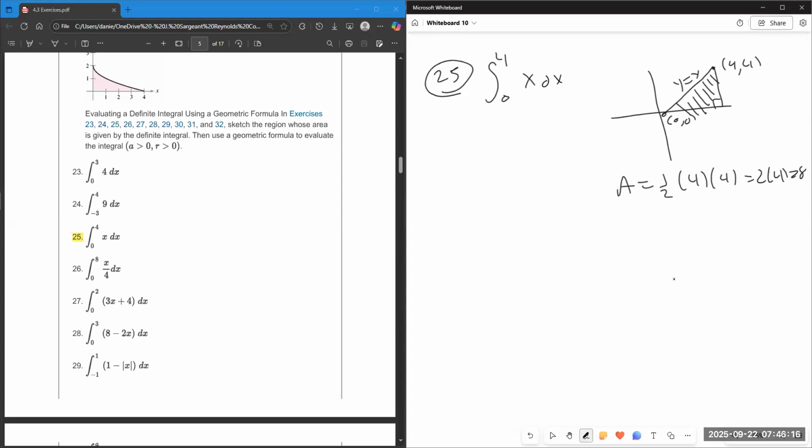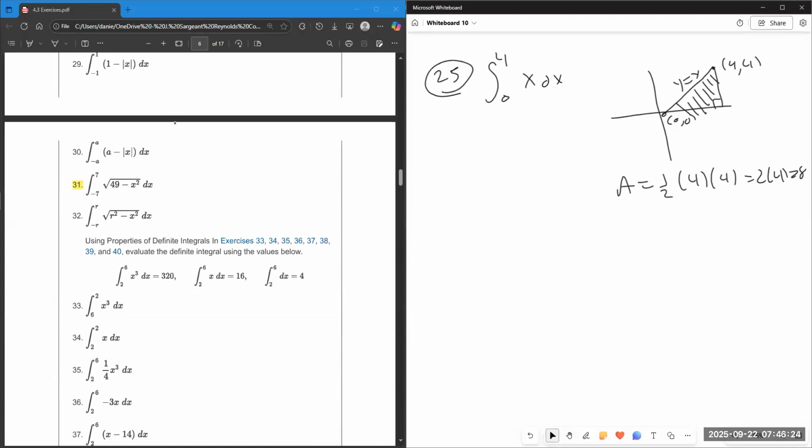And for 31, which is also in this section, I would not be able to do this with any integration formula that I know right now, but I can definitely look at the region there.